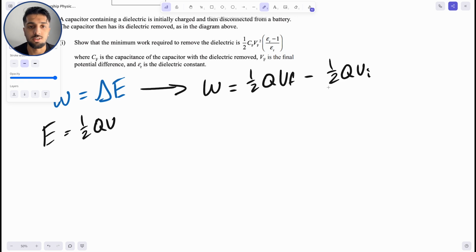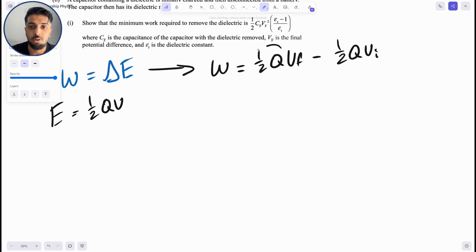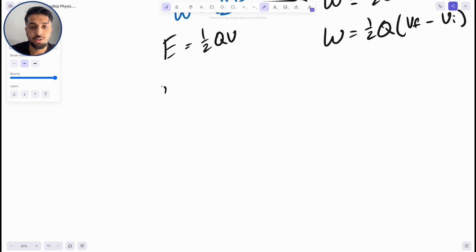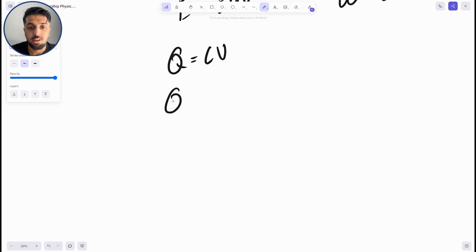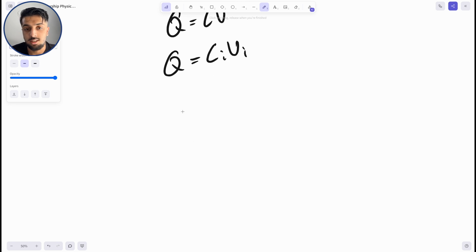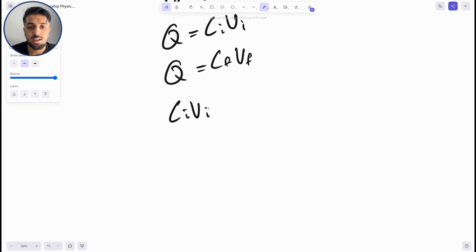Only the voltage does. Because of that, we can take out half Q as a common factor. We know our charge is equal to CV. As our charge does not change, our capacitance initially times our voltage initially has the same charge as our capacitance finally times our voltage finally. So that means CIVI is equal to CFVF.